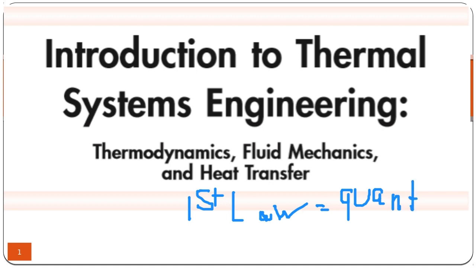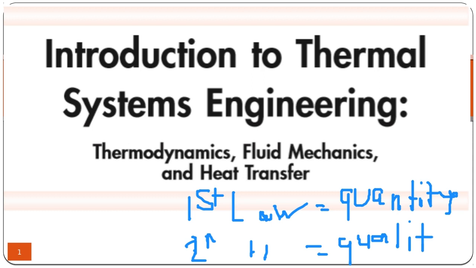On the other hand, second law of thermodynamics deals with the quality of energy. So in this sense, it's a little bit more abstract than the first law, because we can directly see the results of first law by balancing the energy, but it's a little bit more difficult to understand the second law.